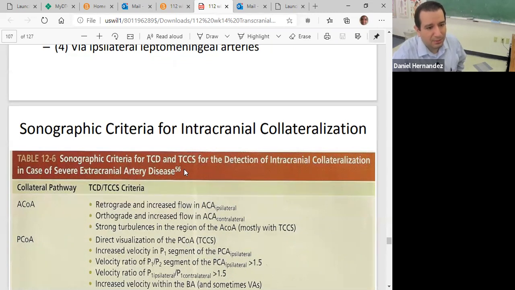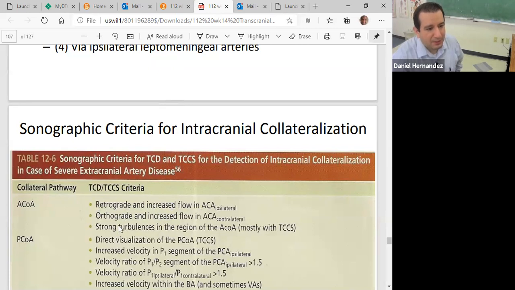It's going to steal from that anterior cerebral artery to feed the middle cerebral artery in the ICA. So it'll come back down that ACA and feed into that carotid siphon and middle cerebral artery to feed the brain.